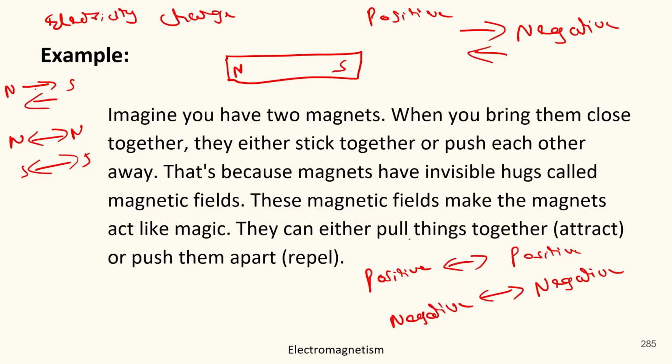Because of this, they attract things, and because of this, they repel things. Got it? Also, two magnets may be attracted to each other or repelled by each other, because of the north and south poles, the terminals of the magnet.